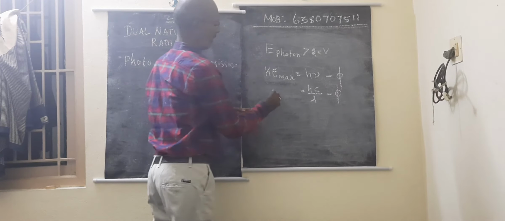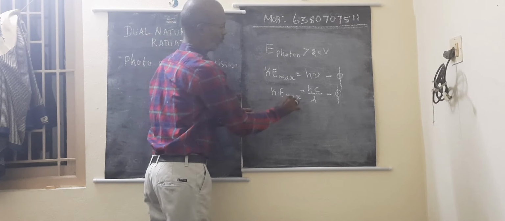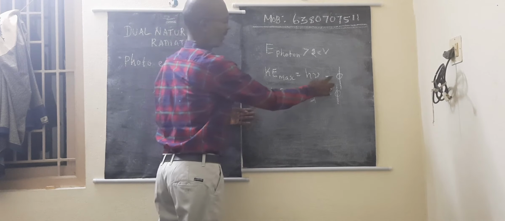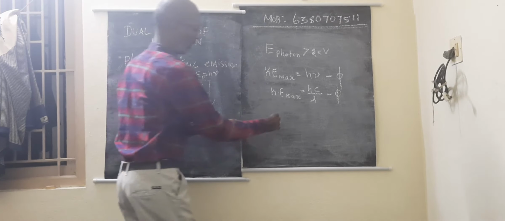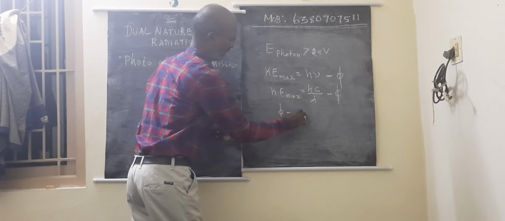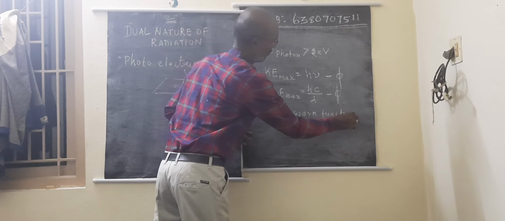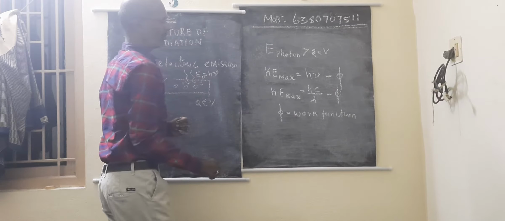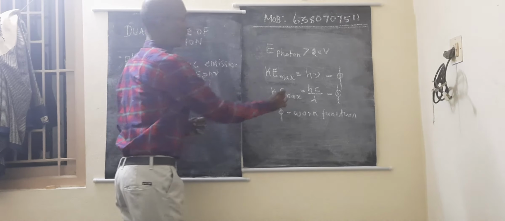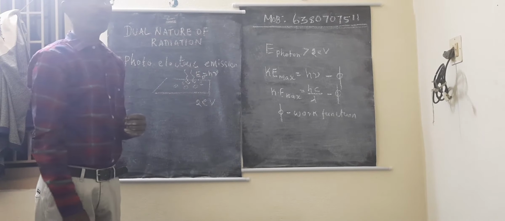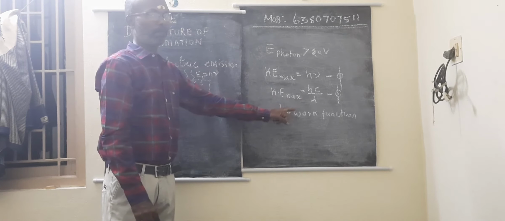So kinetic energy maximum has two formulas: one, h mu minus phi, and another, hc by lambda minus phi. This phi is called the work function. Mu is the frequency. KE max is the maximum kinetic energy of the electron.